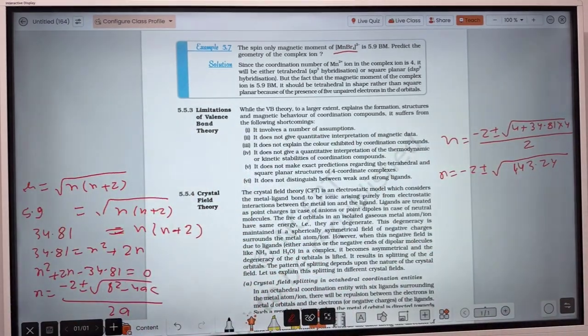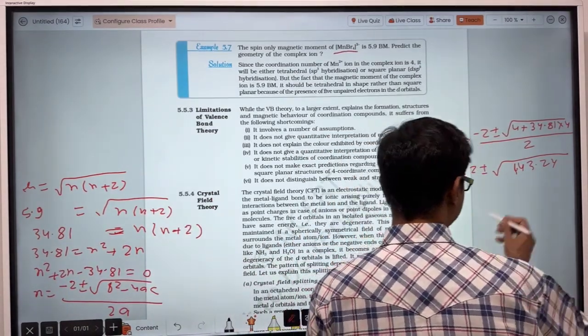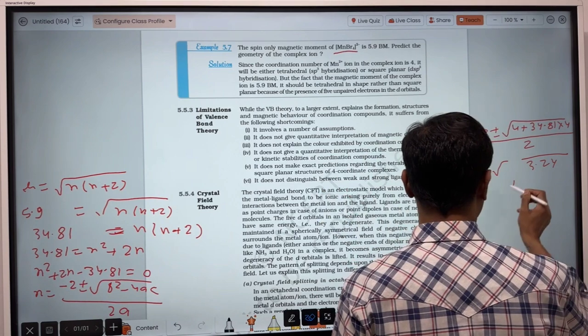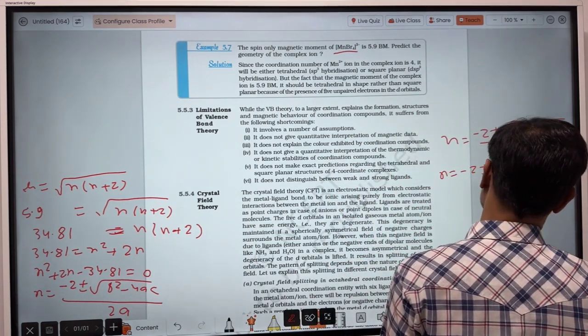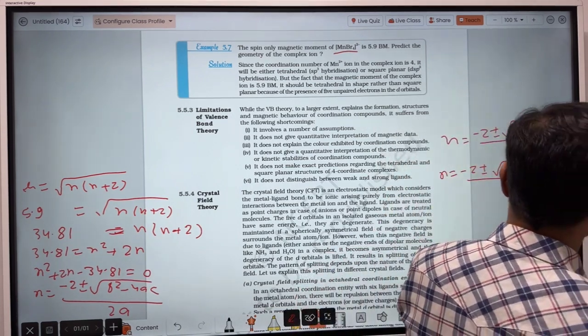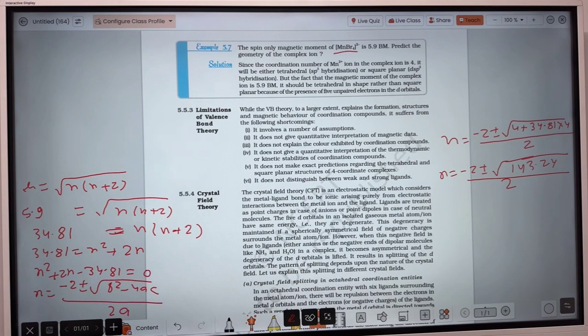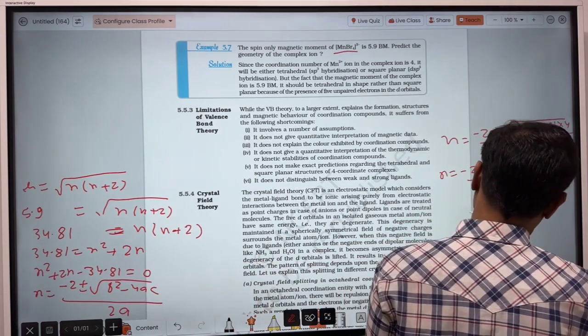Now find out the square root of 143.24. That is 11.9, so nearly about 12, since 12 into 12 is 144.